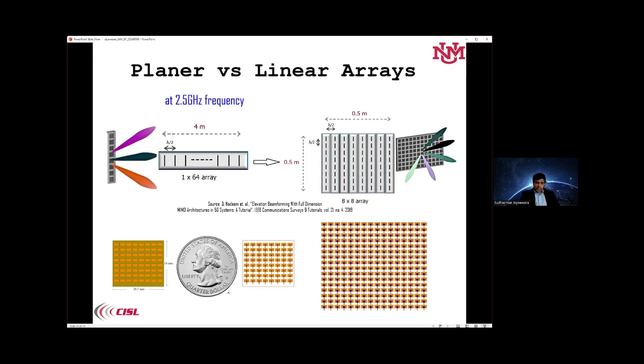And for example, you can have an 8 by 8 array in the millimeter wave frequencies around 30 gigahertz with about a 20 millimeter by 20 millimeter planar antenna array.